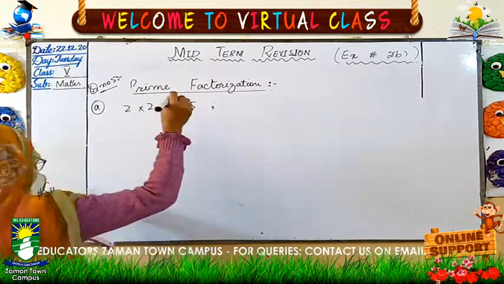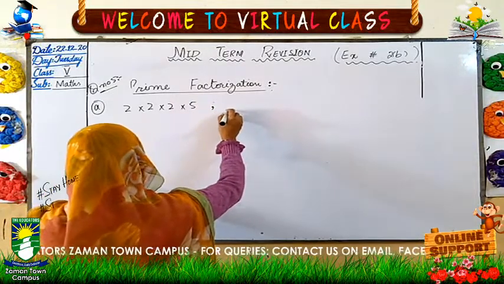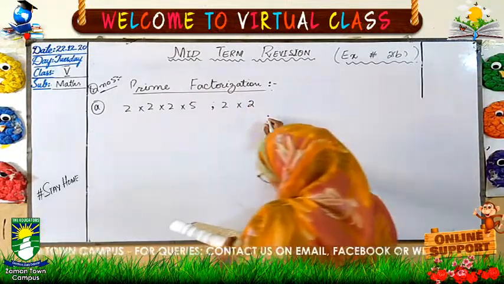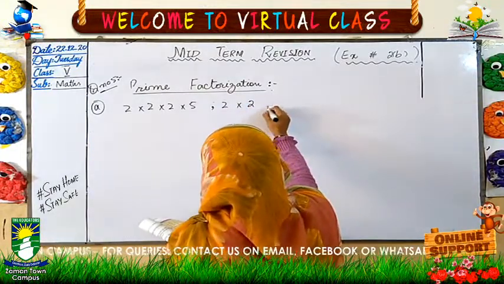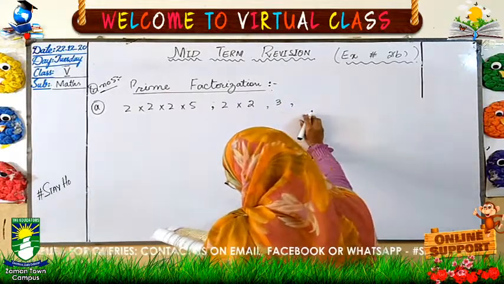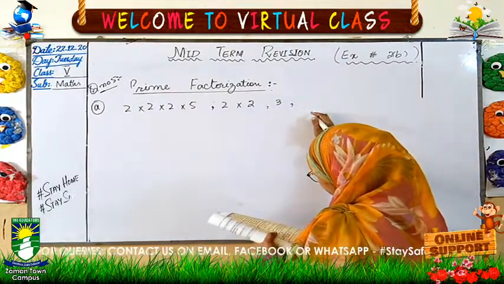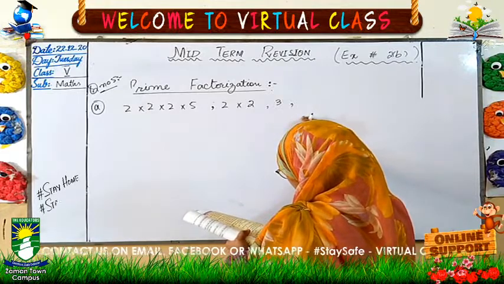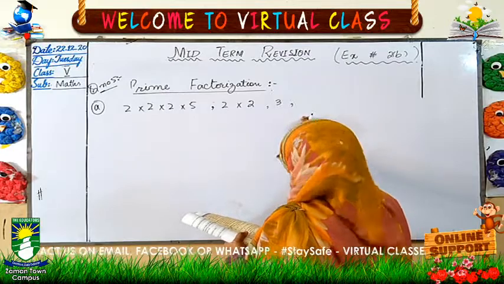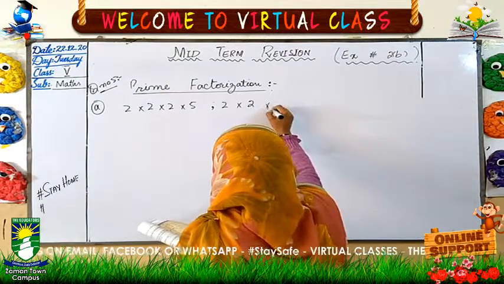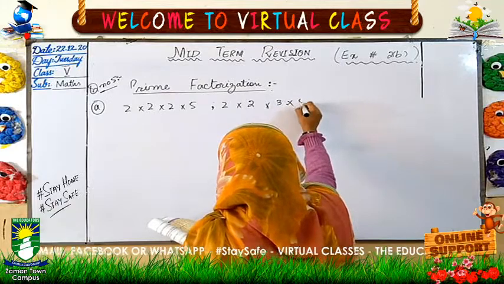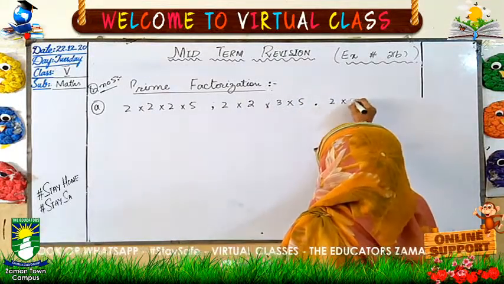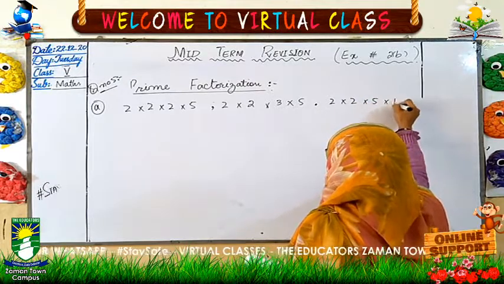Next we have 2 multiplied by 2, then 3 and 5, multiplied by 3, multiplied by 5. Next we have 2 multiplied by 2 multiplied by 5 multiplied by 11.